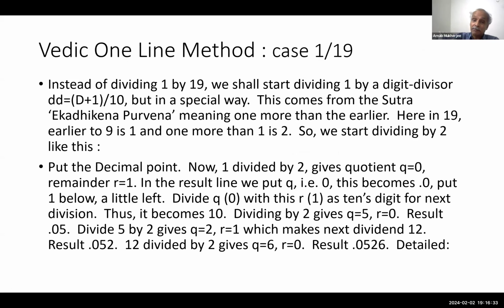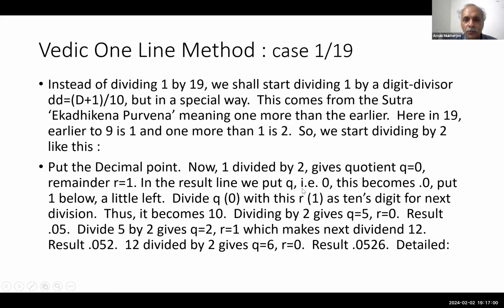But 0.5 came out because we put a dot, then put a 0, and in the next line this 10 is matched by 2 into 5. So therefore 0.5 came. This is the main reason. We will only be considering quotient and remainder. So 1 divided by 2, we get quotient 0 and remainder 1.